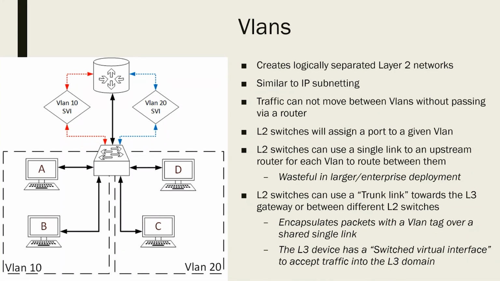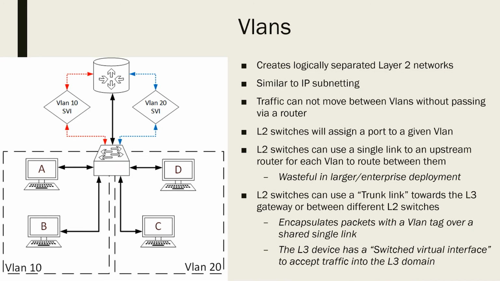And what that's going to say is this traffic is tagged as VLAN 10, this traffic is tagged as VLAN 20. And so when that hits the switch, while it came from the same physical interface, the switch is able to parse that control information and say, well, this traffic is intended for VLAN 10, so I'm going to only send it to the hosts that are assigned to physical interfaces for VLAN 10.